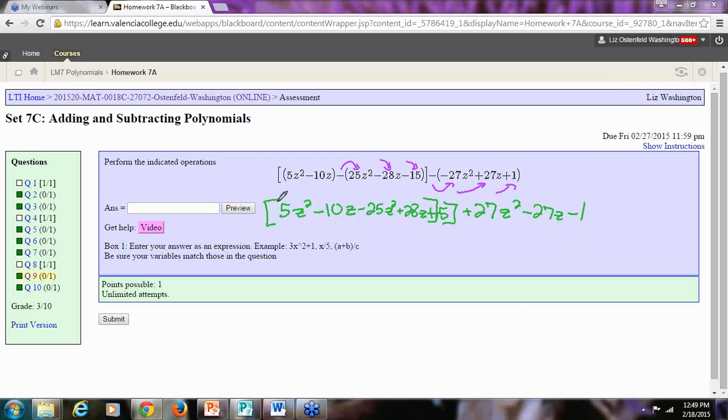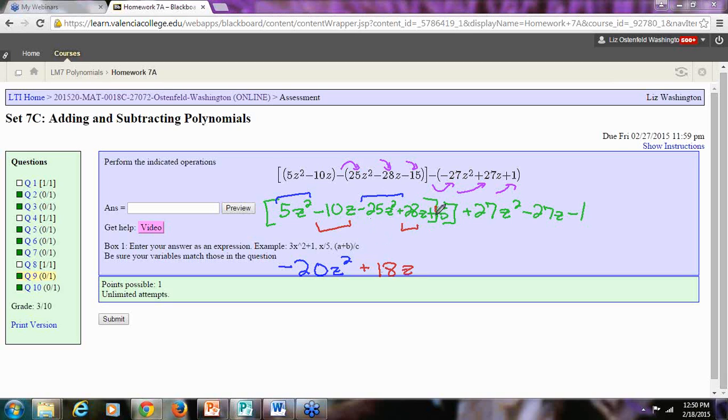So I have a positive 5z squared and a negative 25z squared, which is going to give me a negative 20z squared. I have a negative 10z and a positive 28z, which is going to give me a positive 18z.